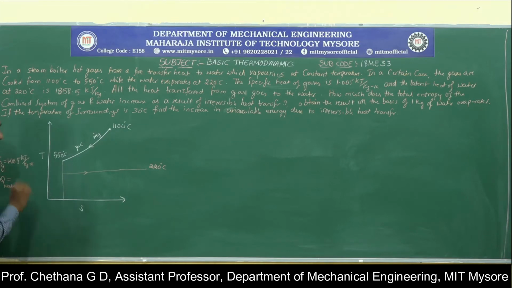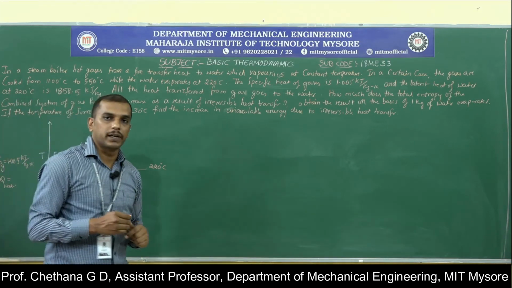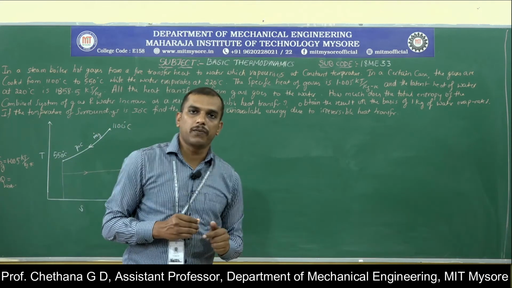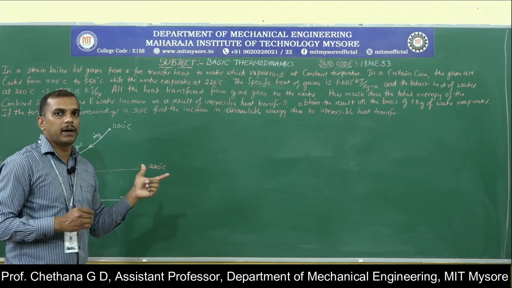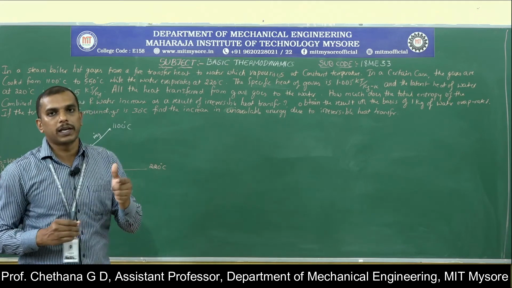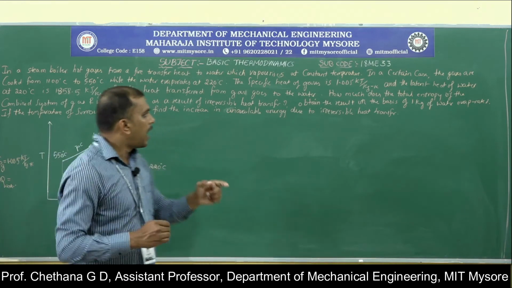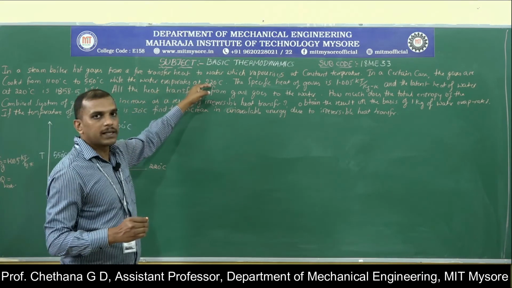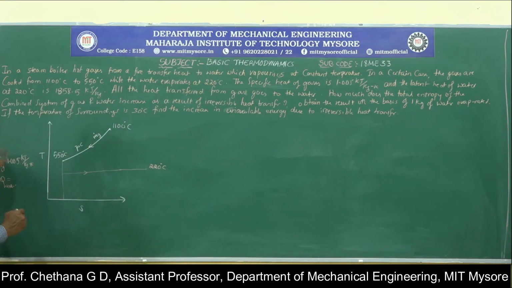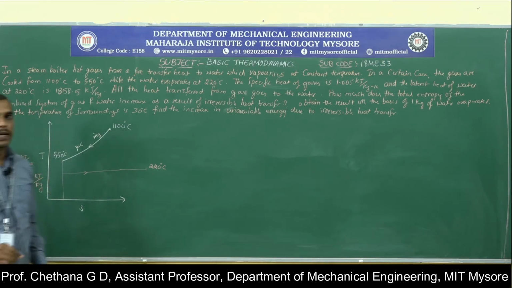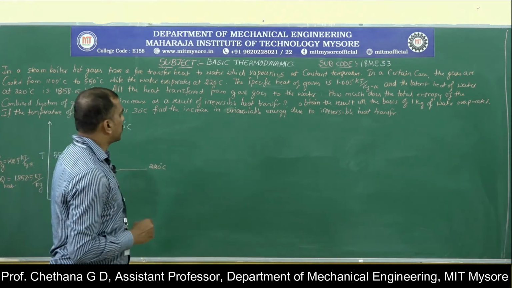Latent heat of water means the amount of heat required to vaporize 1 kg of water at the given pressure, and this is the saturation temperature. At 220 degrees Celsius, he is saying that the latent heat is 1858.5 kilojoule of energy needed for each kg of water to transfer from liquid state to vapor state.